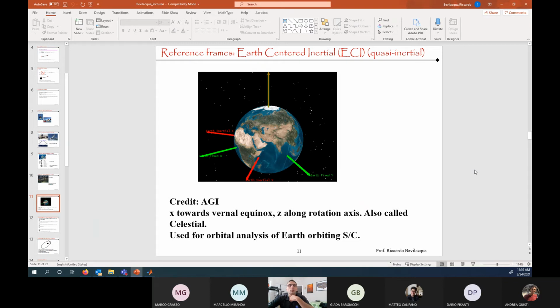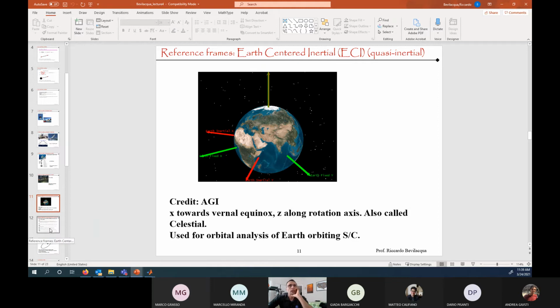So it cannot be an inertial one, but it's good enough because it goes around in a year, and so this additional acceleration is not something that, when we look at a satellite around the Earth, affects us to the point of being measurable or throwing away the force model that I've given you. So that force model works well to represent the motion of a satellite when the planet is perfectly spherical and of constant density, if I use ECI, and that's the one that is used all the time.